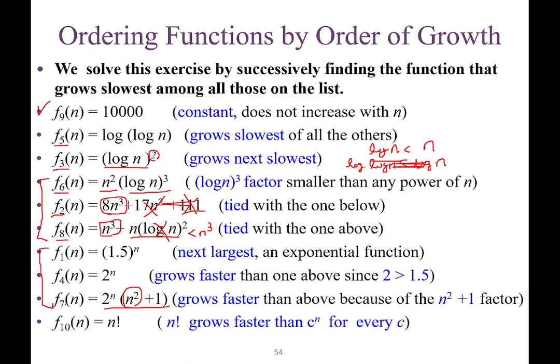So f7 grows faster than f4. The last one is our king, the factorial function. It's always faster than the exponential function, polynomial function, and the others. This is the way we order different functions by their order, from the slowest to the fastest.